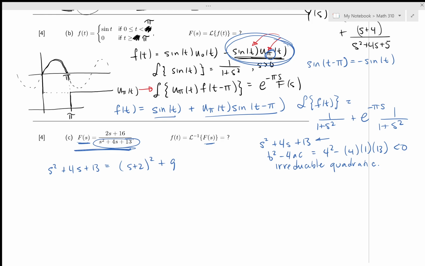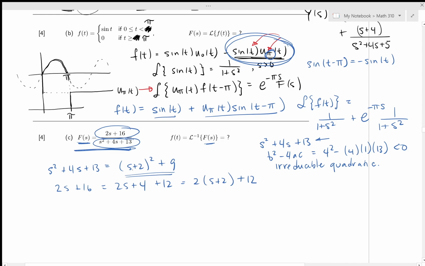Now I'm looking at the form of this, and my attention has shifted to the numerator. I'm going to write the numerator 2s plus 16 like this: 2s plus 4 plus 12, which is equal to 2 times s plus 2, plus 12.